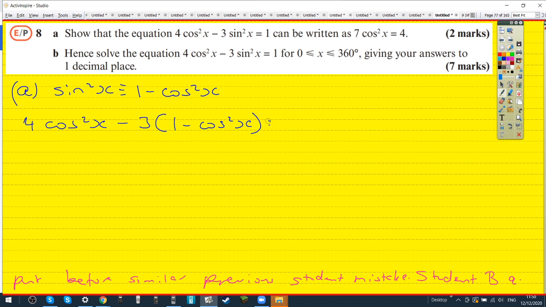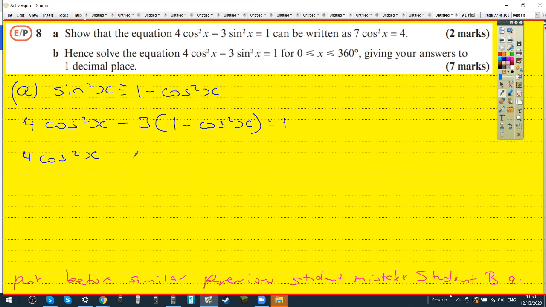And then would you multiply out the bracket? Yep. So would you multiply minus 3 by minus cos squared?